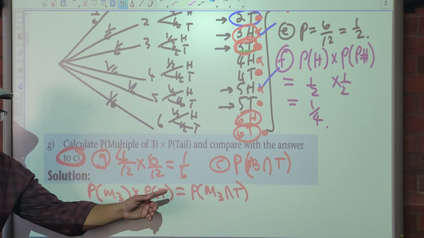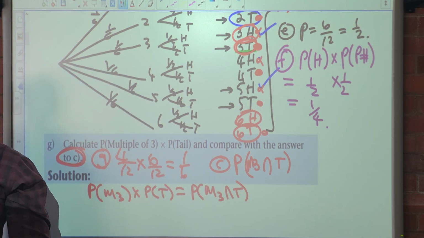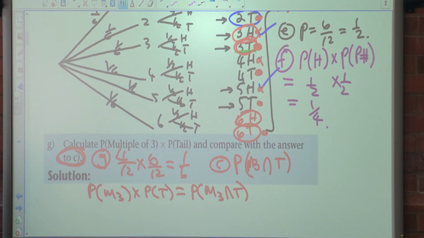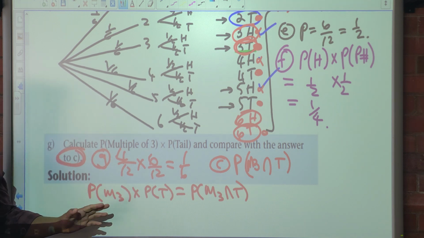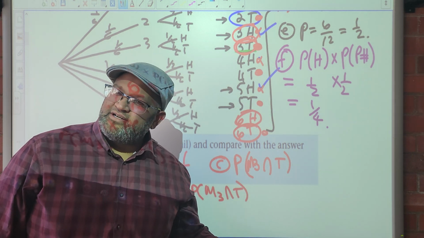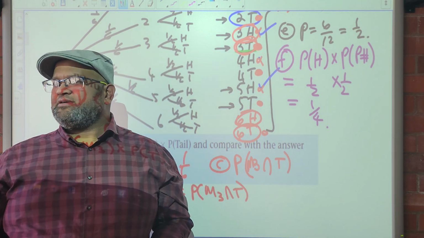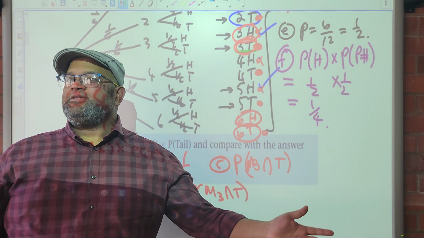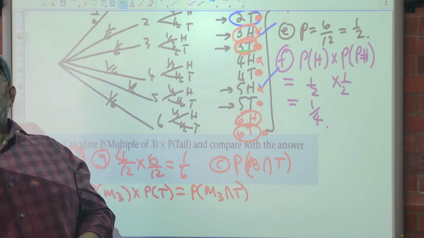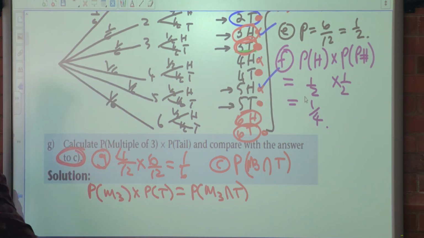So if that is equal, what do we know? The events are independent. You guys understand? Later on you'll see if that is not equal, then they're not independent. They will be dependent. You can either say not independent or dependent. Okay? Right.